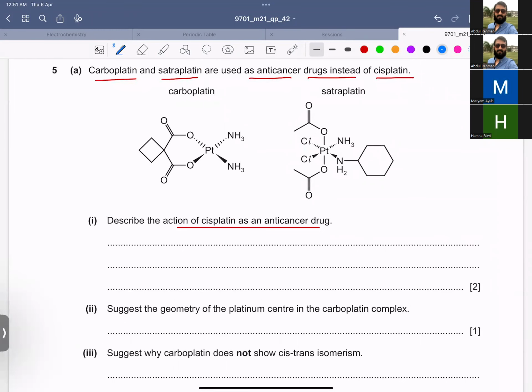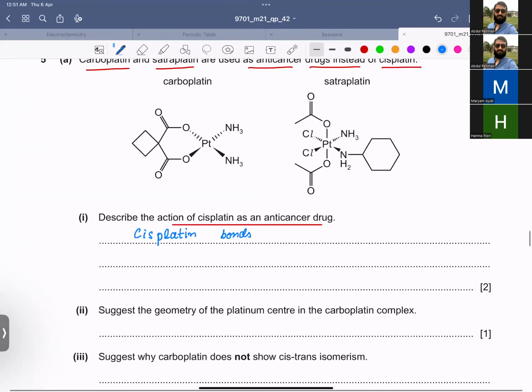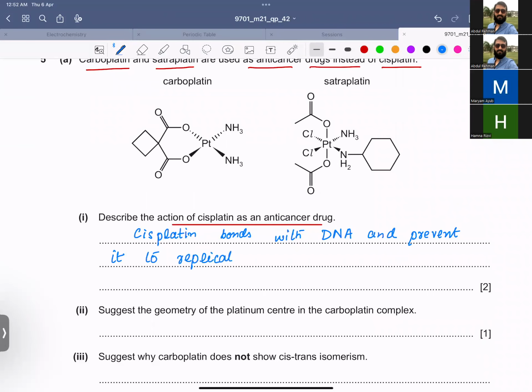So cisplatin bonds with DNA and prevents it from replicating further.